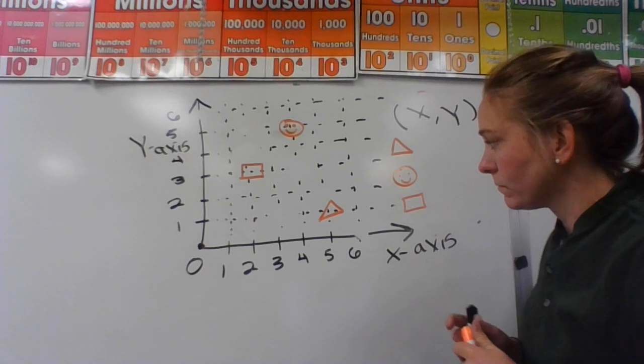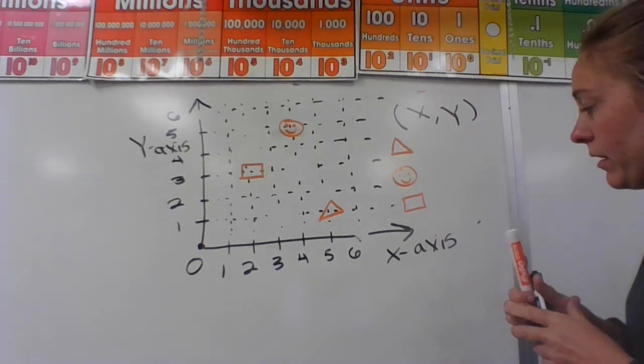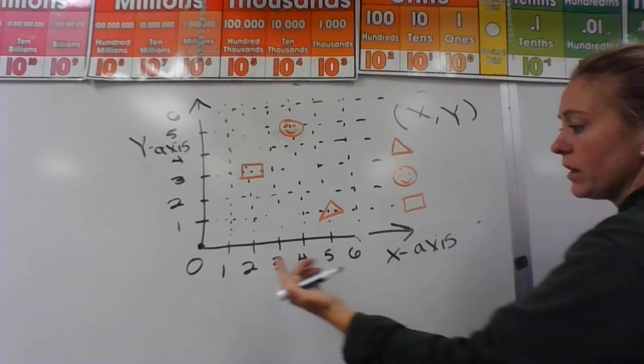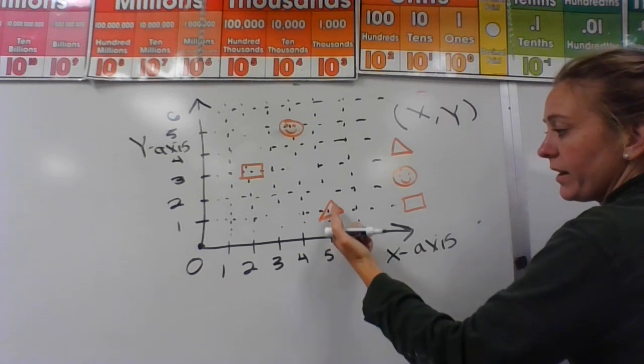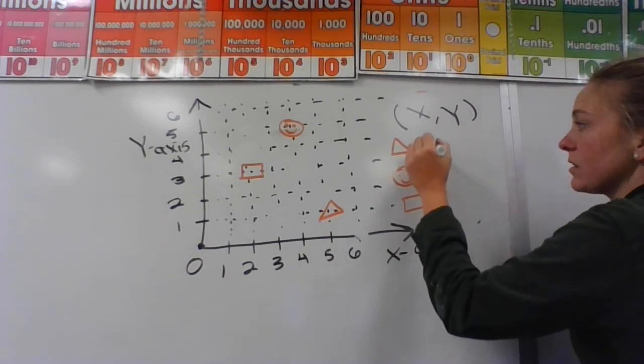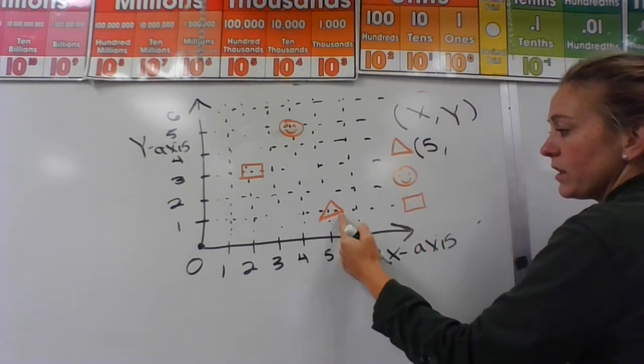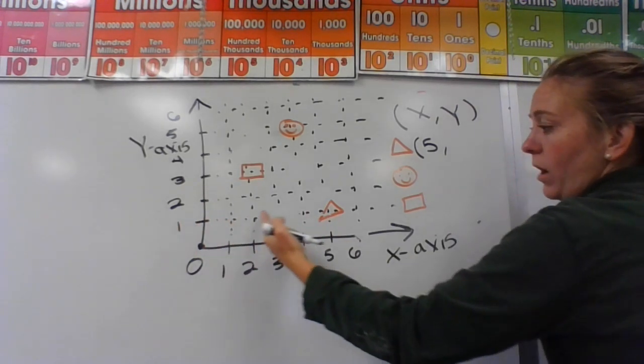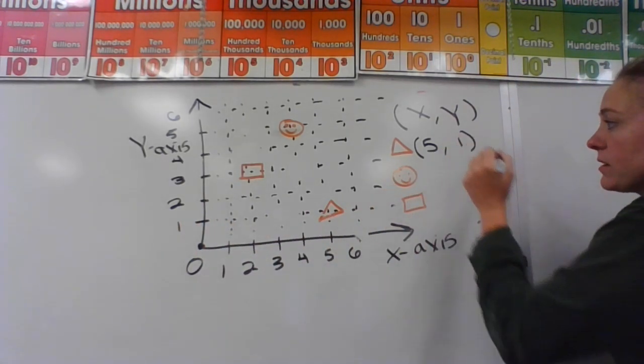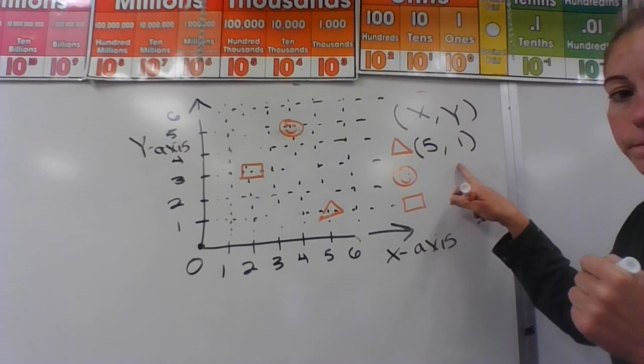Okay, ready? So let's start with the triangle. If I look down, the triangle's at 5 on the X, and it is at 1 on the Y going across. So our triangle is at the ordered pair 5, 1.